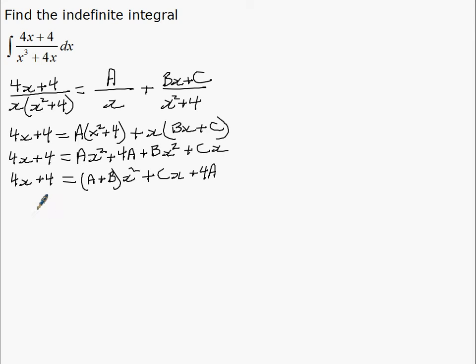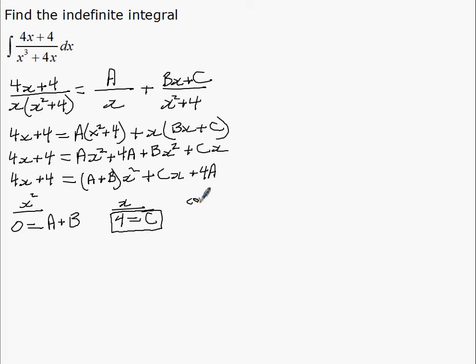Now what we can do is say, for the x squared term, on the left we don't have an x squared term, so it's 0. On the right, that's a plus b. So 0 has to be a plus b. For the x term, on the left we have 4. On the right we have c. So c equals 4 is our first value.